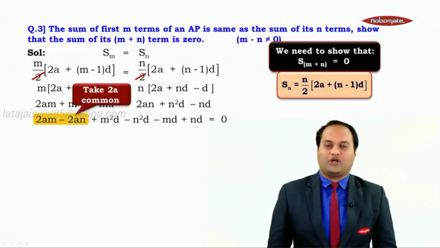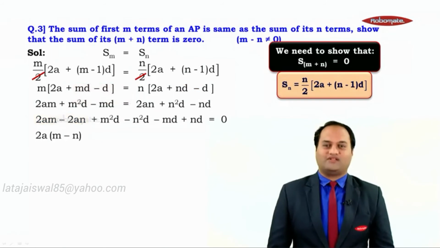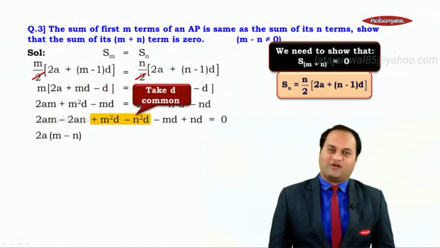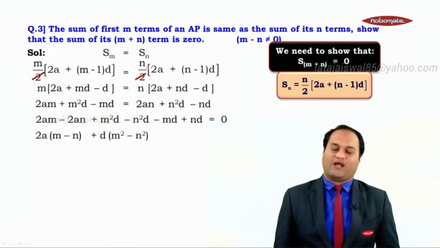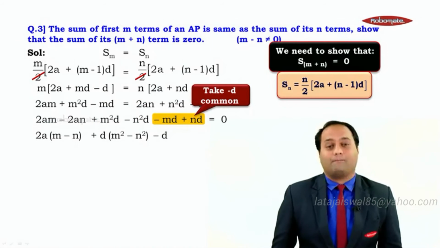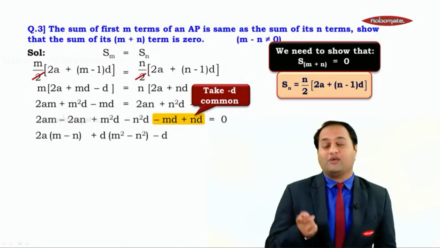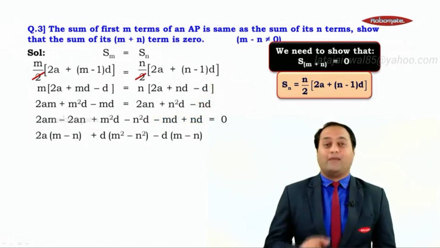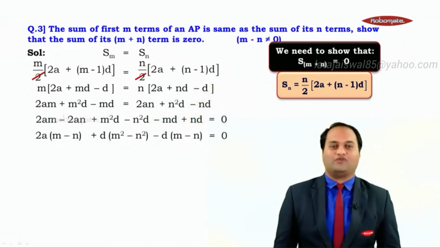From the first two terms, take 2a common. What remains inside the bracket is m minus n. Next two terms, take d common. What remains inside the bracket is m square minus n square. Last two terms, take minus d common, and because you are taking minus d common, the sign will change inside the bracket, so what remains is m minus n is equal to 0.